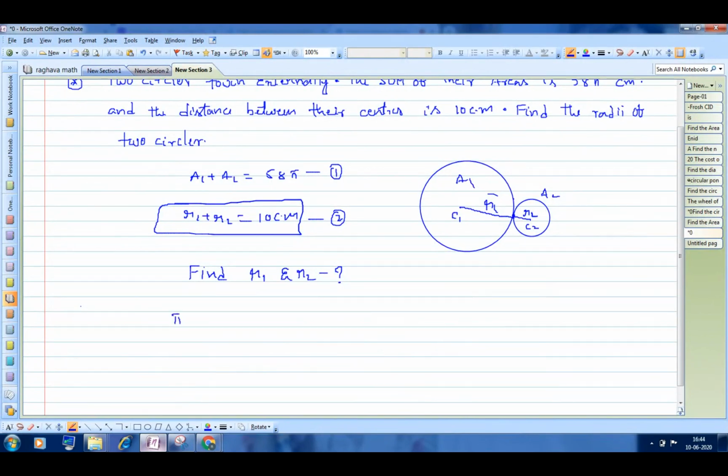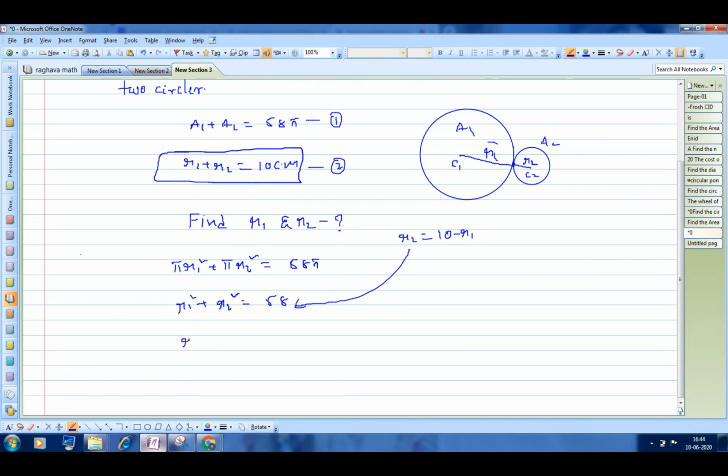So pi r1 square plus pi r2 square is equal to 58 pi. From here, r1 square plus r2 square is equal to 58. From another relation, r2 is equal to 10 minus r1. Substitute this value here. So r1 square plus 10 minus r1 whole square will be equal to 58.